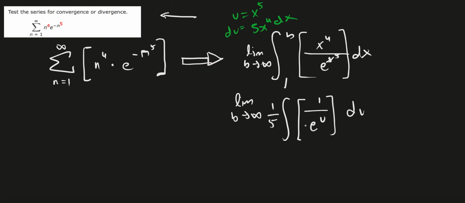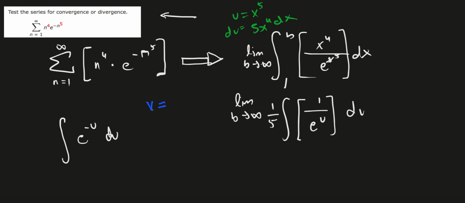Okay, this thing here, we'll solve separately. 1 over e to the u is e to the negative u du. We can actually use another u sub. You might know how to do this without using u subs, but we'll use a v sub because we already have a u used up. You can also use different variables, but I'll use a v.